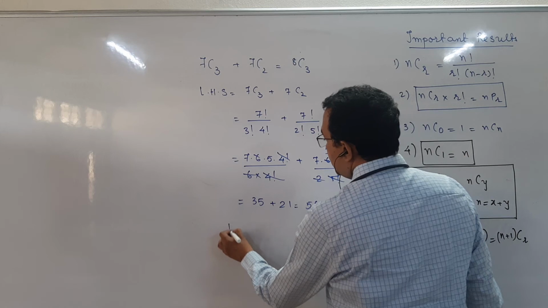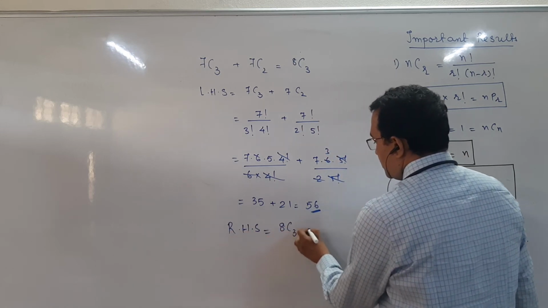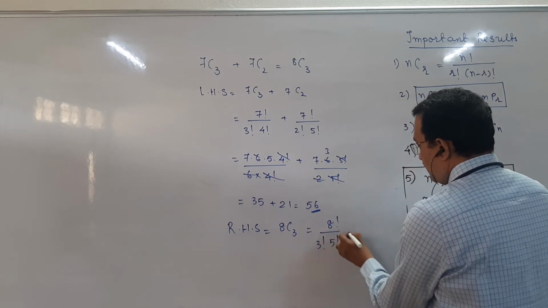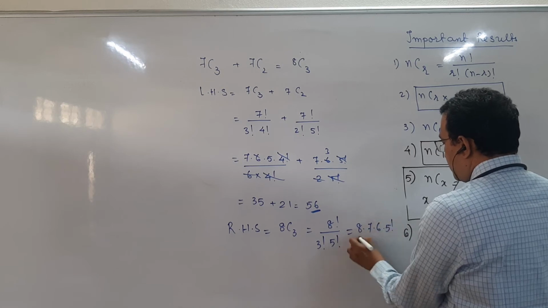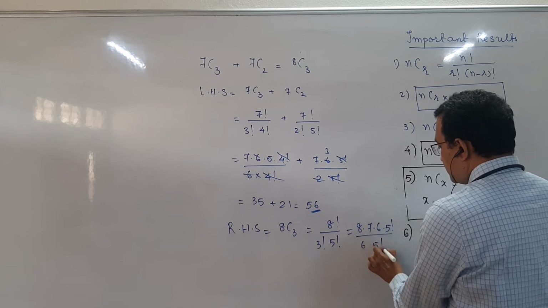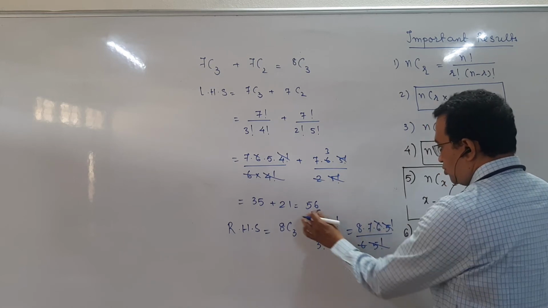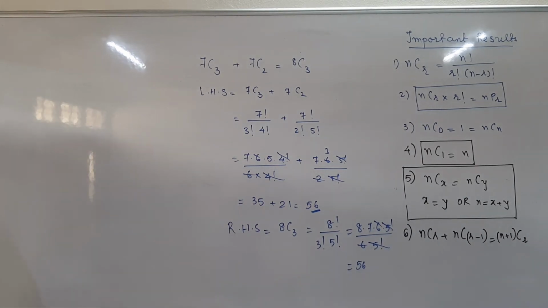Now, I simplify RHS, which is 8C3. So 8 factorial upon 3 factorial into 5 factorial. Reduce 8 up to 5 and get it cancelled. 6 is cancelled, 7 into 8 is 56. So you check LHS and RHS are equal.